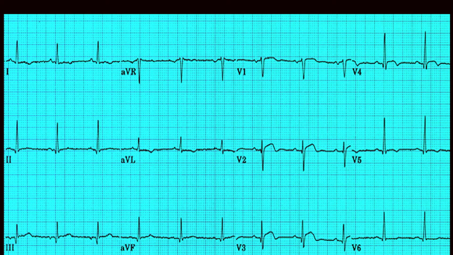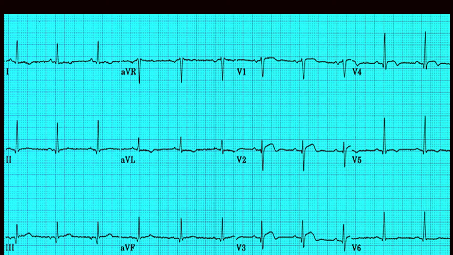Then you look at the axis. For axis, I had told you, you look in lead 1 and AVL, and you see the QRS complexes, see if the R wave is taller or the S wave is deeper, and you minus from the taller or deeper, the lesser one. In this lead 1 you can see there is a tall R wave, but there is no S wave, so lead 1 is positive, there is only R wave, nothing to minus from the R wave.